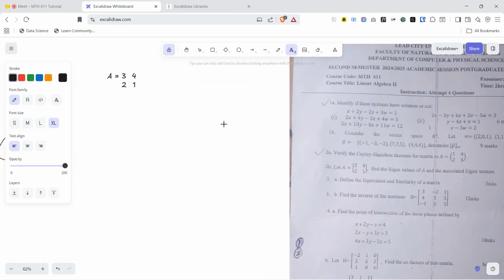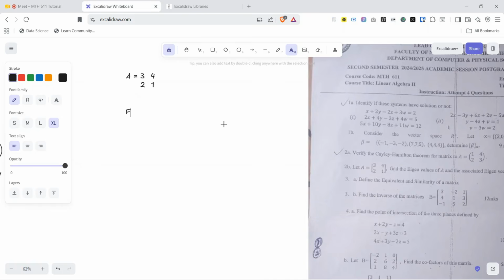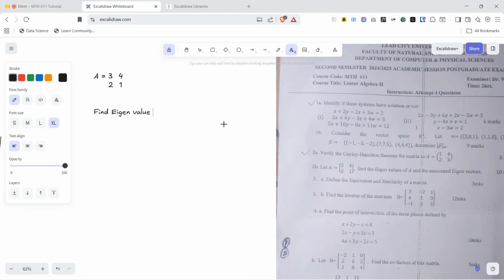Then we have to find the eigenvalue of A, then the associated eigenvector.